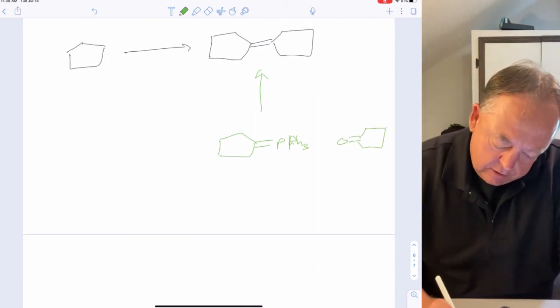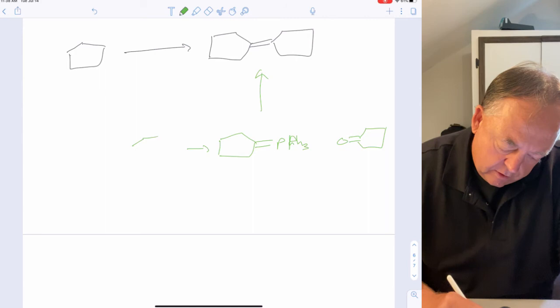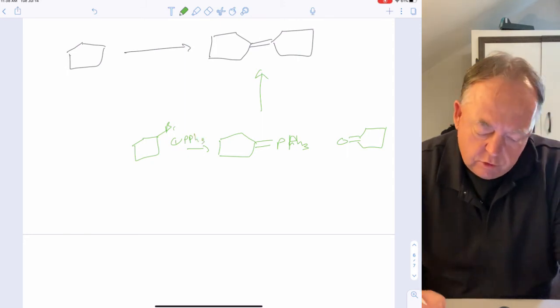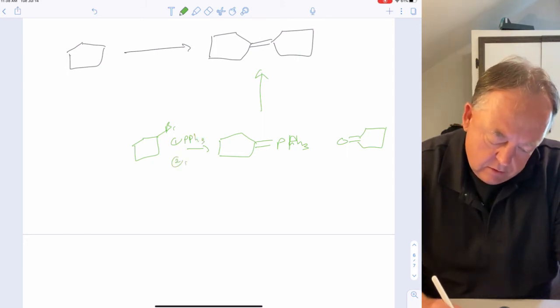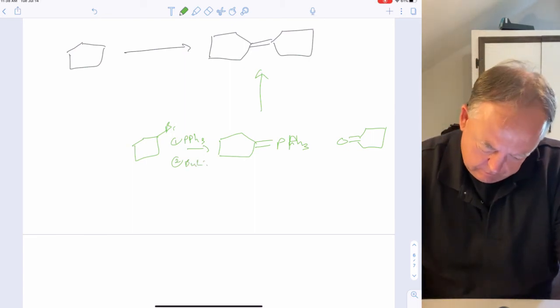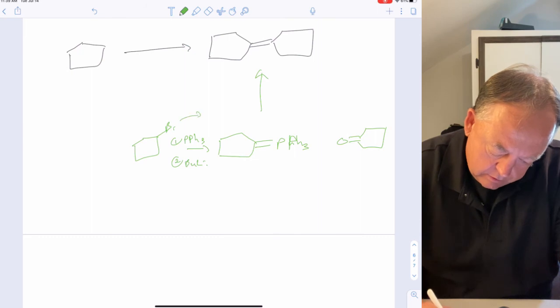And so how do we make ylides? So we just saw that we make ylides from alkyl halides reacting with triphenylphosphine, and then a base, butyllithium. Right, so we don't have to show this in the synthesis, but just so that you see another example.